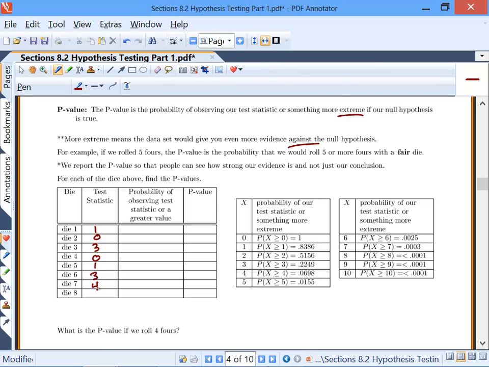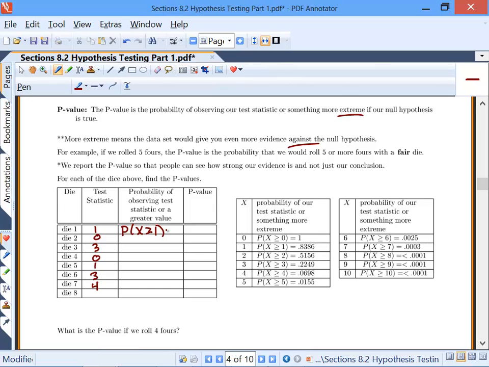Okay, so those were our test statistics. So for die 1, the p-value is going to be the probability of getting x greater than or equal to 1. Okay, because remember, we're always going in the direction that gives us more evidence against our null hypothesis, which would be 1 and greater.